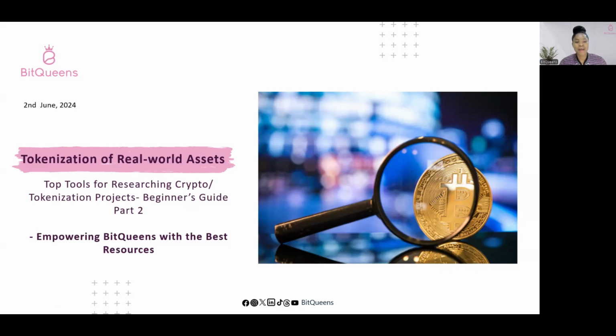I remember in our sessions before this, we talked about due diligence checklists, that is, things to look out for when picking out a tokenization project or a crypto project. We had a list of things you have to look out for and what they mean.